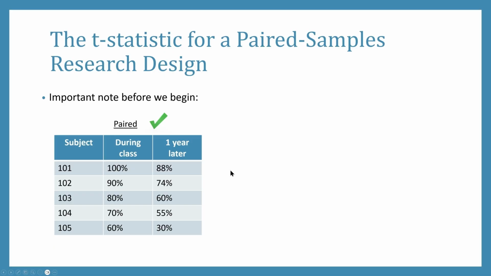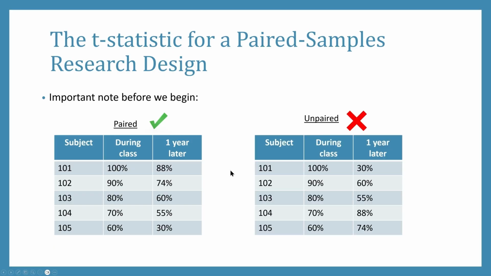What I don't want to see is things getting unpaired, things getting disconnected, where subject 101 got 100% during class, but then for whatever reason, I kind of lost track of who was who. And so I just put, randomly, here's scores for a year later.